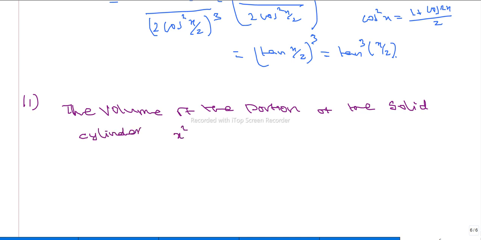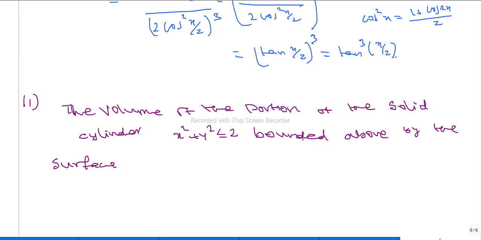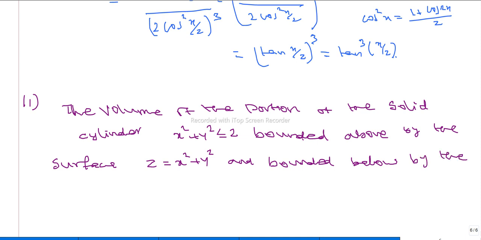x square plus y square less than or equal to 2, bounded above by the surface z equal to x square plus y square, and bounded below by the xy plane.